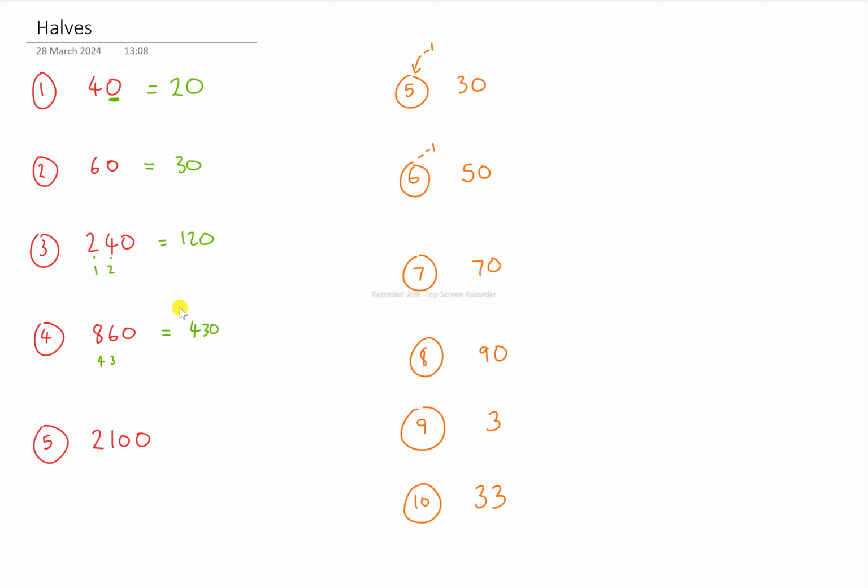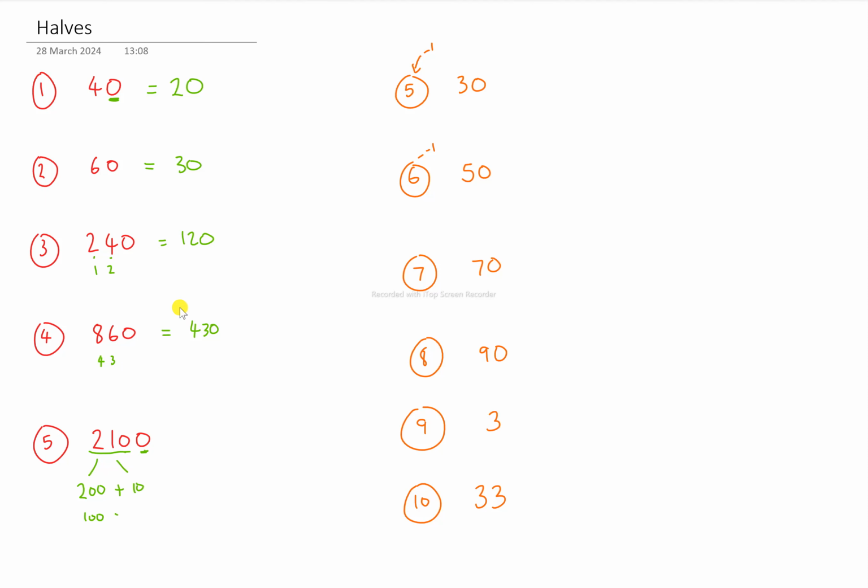Right, now this is going to be trickier. I've got 2 zeros, so I can ignore those. What we'll do is we'll do it this way. We'll just ignore this one. So I want half of 210. I know 210 I can split up into 200 plus 10. Half of 200 is 100.